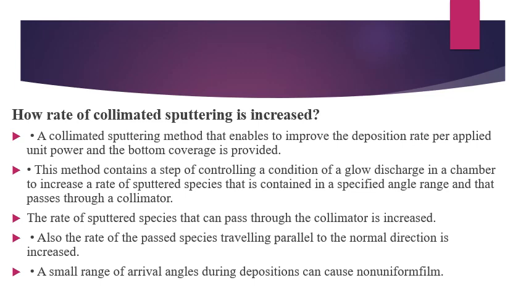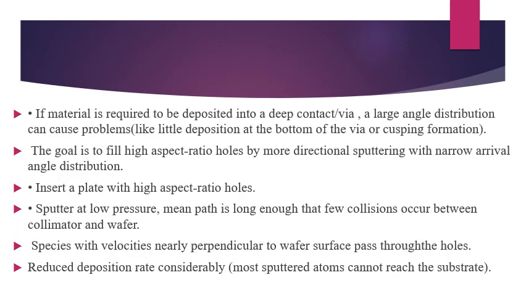A smaller range of arrival angle during the deposition can also reduce non-uniform fill. If a material is required to be deposited in a deep contact via, a large angle distribution can cause problems. The goal is to fill high aspect ratio holes by more directional sputtering with narrow arrival angle distribution.